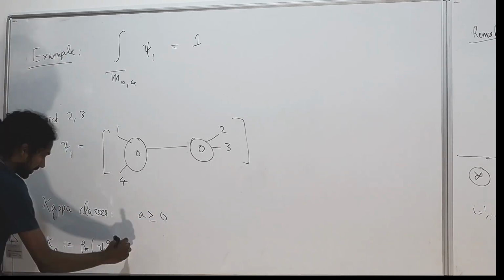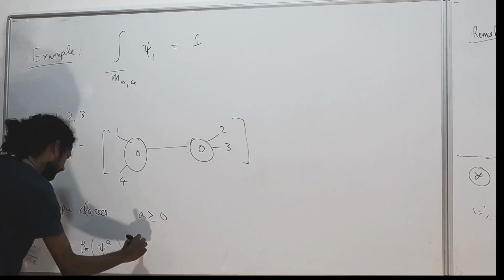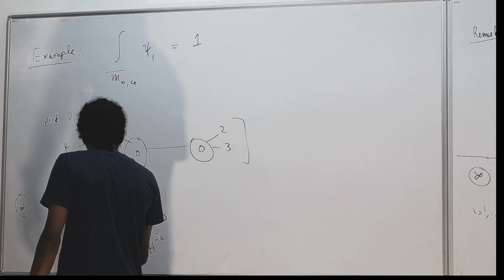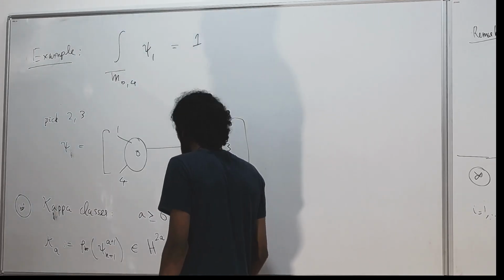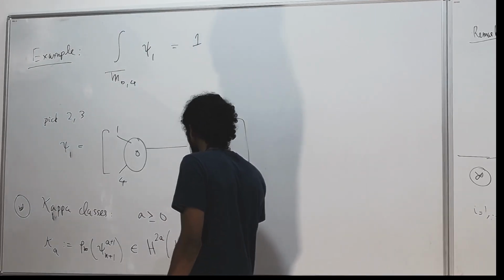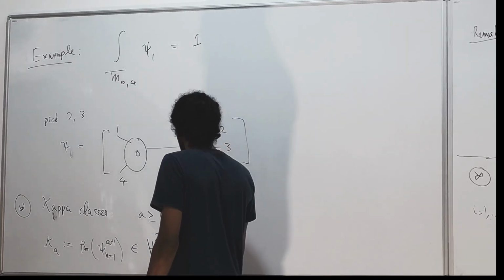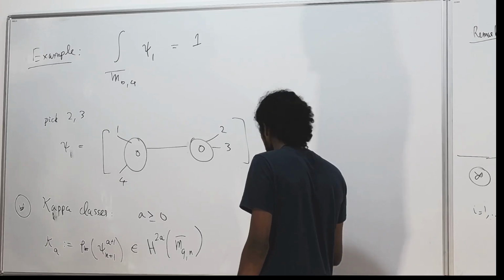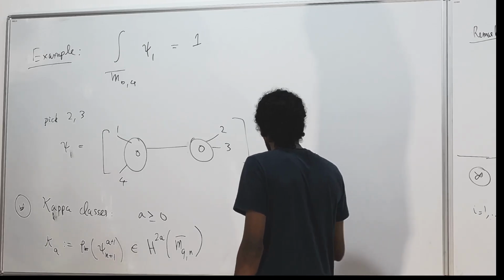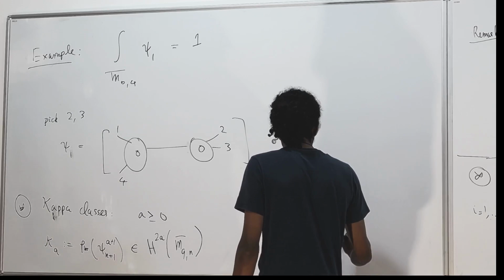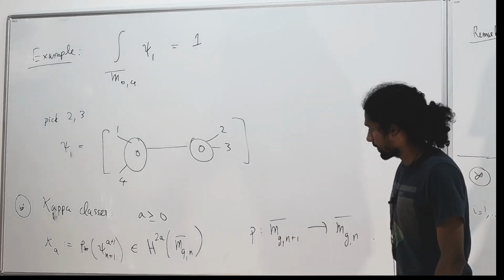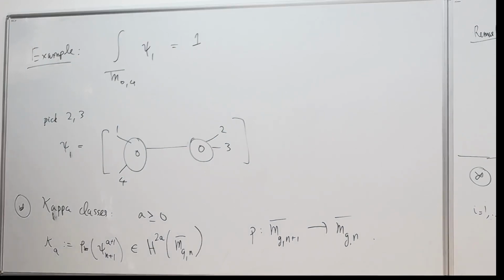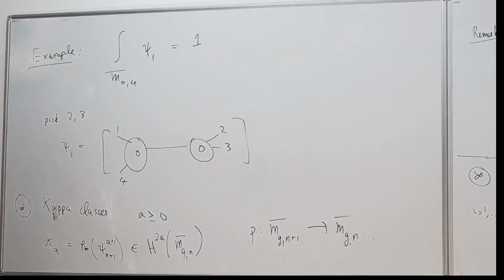And this is called a kappa class, and it lives in H^{2a} of M-bar_{g,n}, where I remember that p is just a forgetful map. Okay. So this is something we need in the tautological ring as well. And we're almost there. This is R.